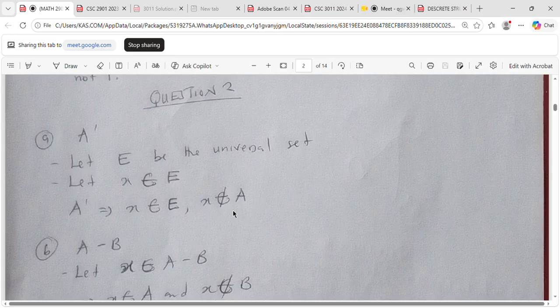Let me just share this in the form of a diagram.